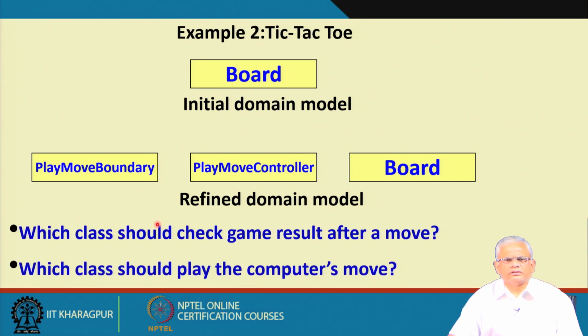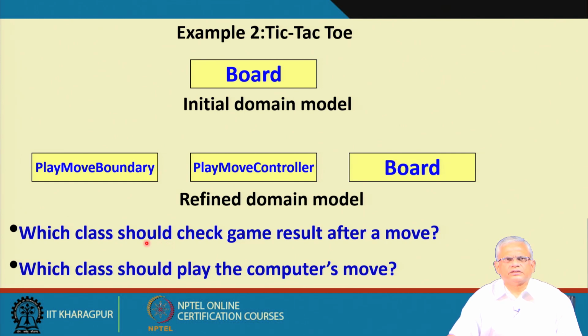Now, let us look at some specific responsibility. For example, which class should check the result of the game after a move? Because after every move, as per the use case description, we need to check whether the game is drawn or the game is won by the player or the computer.